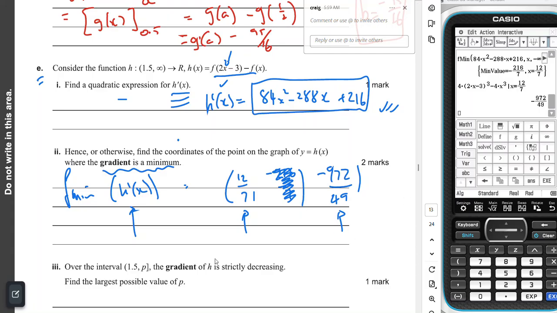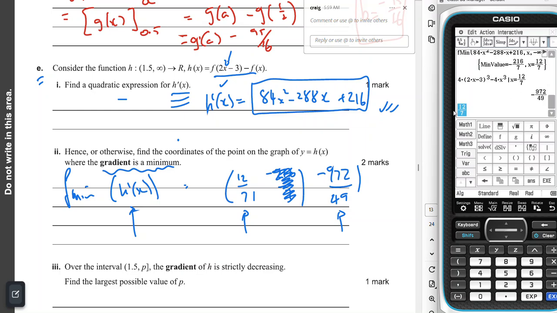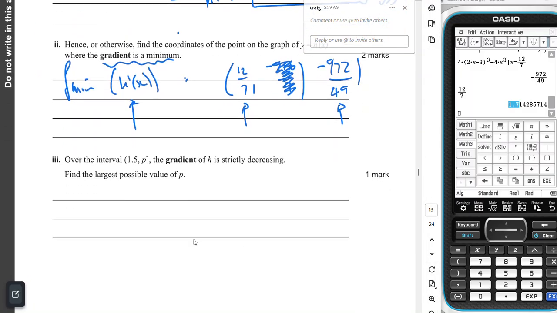Now, over the interval 1.5 to p, what size is this value? 1.7, so that's bigger than 1.5. 1.5 to p, strictly decreasing. Okay, so my graph gradient is a minimum at that. So my graph of h, what does that graph look like?